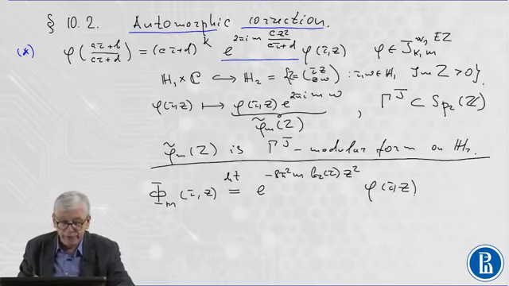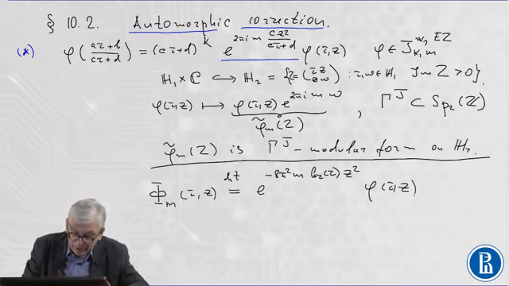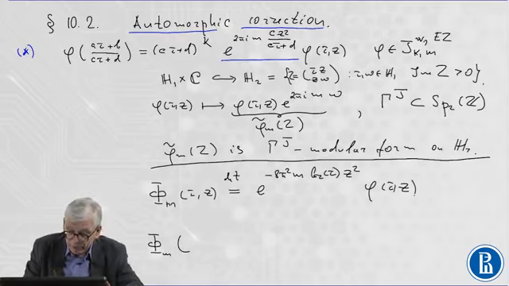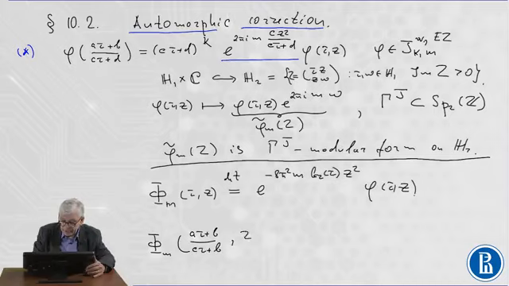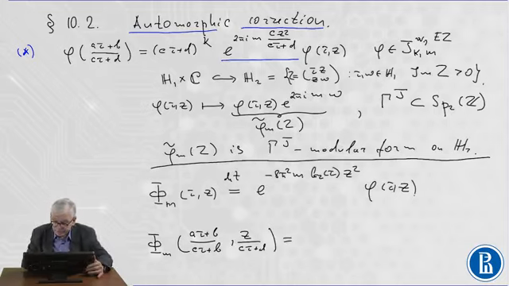Because the automorphic correction capital phi now is a modular form of weight k with respect to group SL2(Z). More exactly, this function satisfies the following functional equation: c tau plus d to the power k, capital phi m of tau, z.